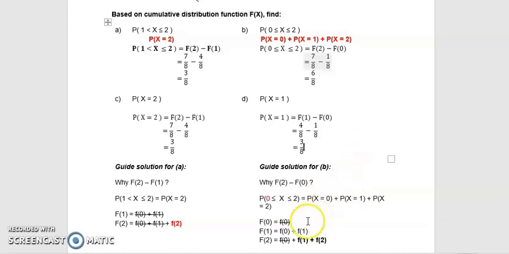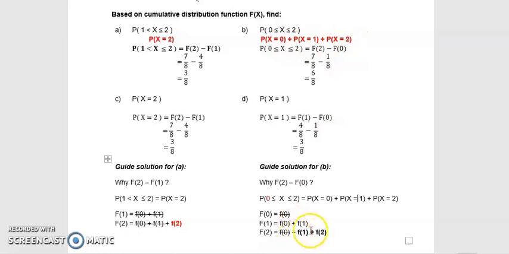So if we want x equal to 0 plus x equal to 1 plus x equal to 2, how do we get the probability using the cumulative distribution? We want 0, 1 and 2, right? If you list down f0, f1, f2, in which cumulative do you get x equal to 0, x equal to 1 and x equal to 2?